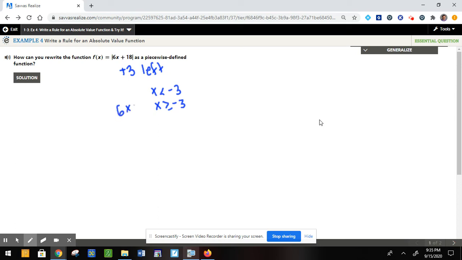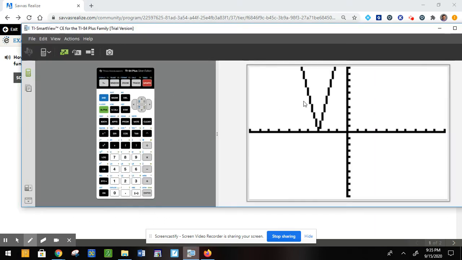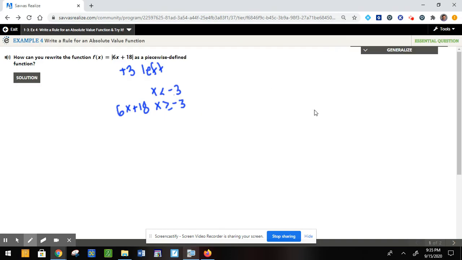So 6x plus 18. The other one is the exact opposite of what's inside. So on the negative side, it's the exact opposite of what the equation is on the inside of the absolute value bars. So that's going to be negative 6x minus 18. And if I'm just writing it in function notation, it's going to look like that.